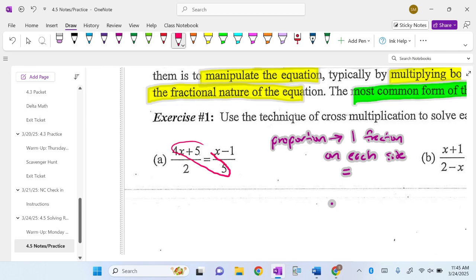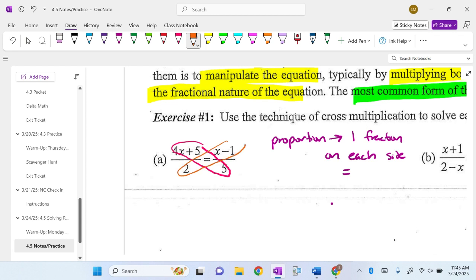Remember, cross multiplying means you multiply directly diagonal to the two fractions. We're going to write these expressions with multiplication. So that means we're going to have 5 times 4x plus 5 is equal to 2 times x minus 1.